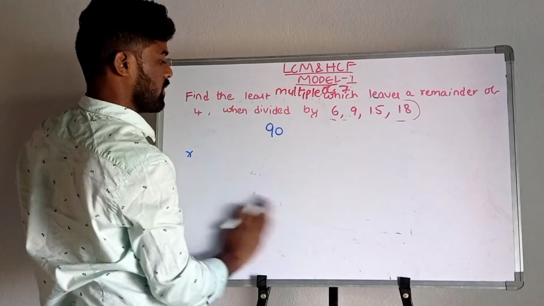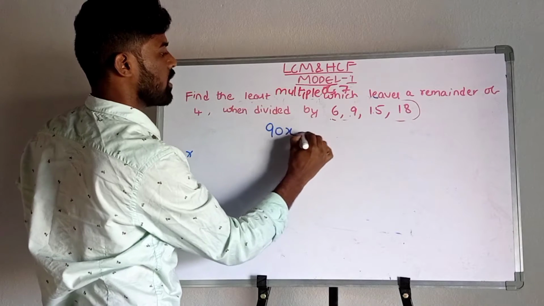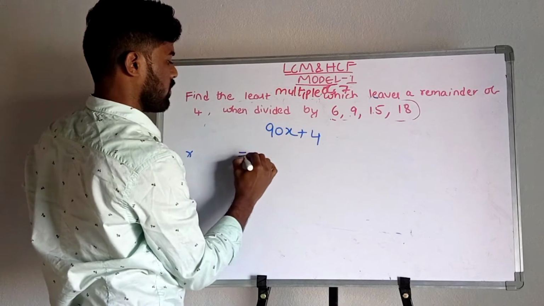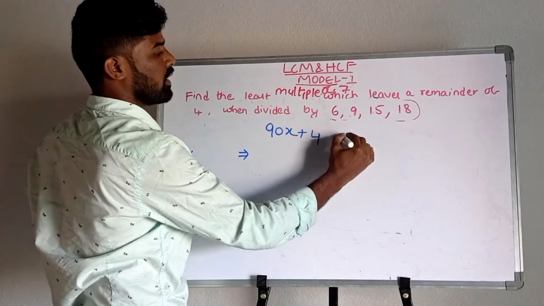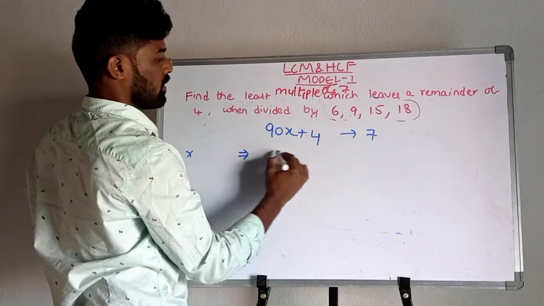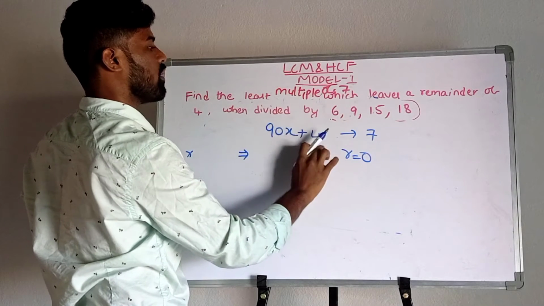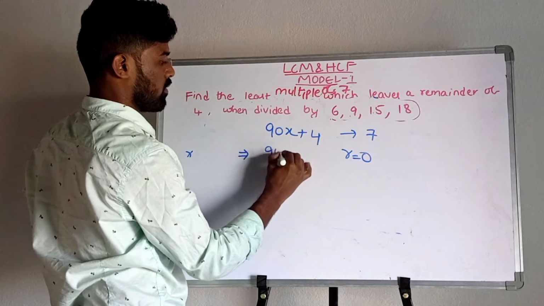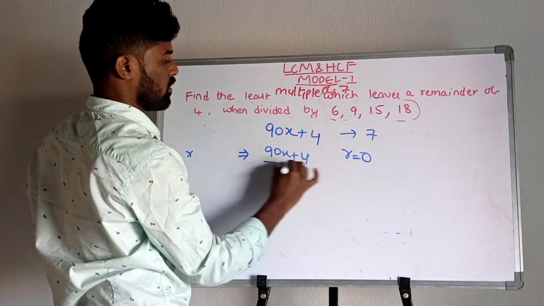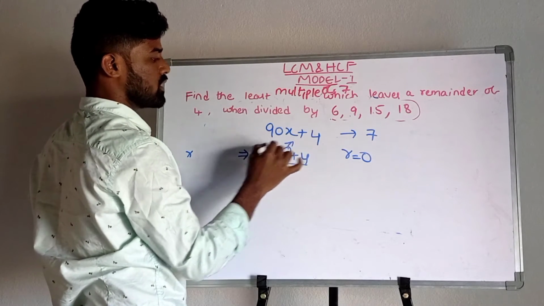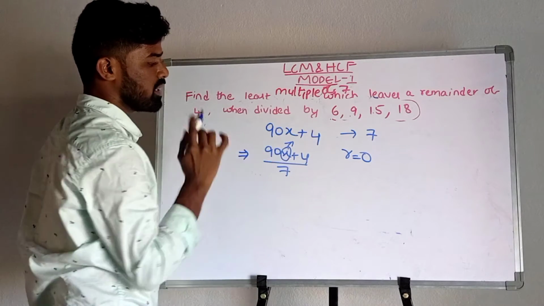Our general term can be written as 90x plus remainder 4. When this number is divided by 7, the remainder we get is 0, since it should be a multiple of 7. We have to find the least value of x for which 90x plus 4 is divisible by 7.